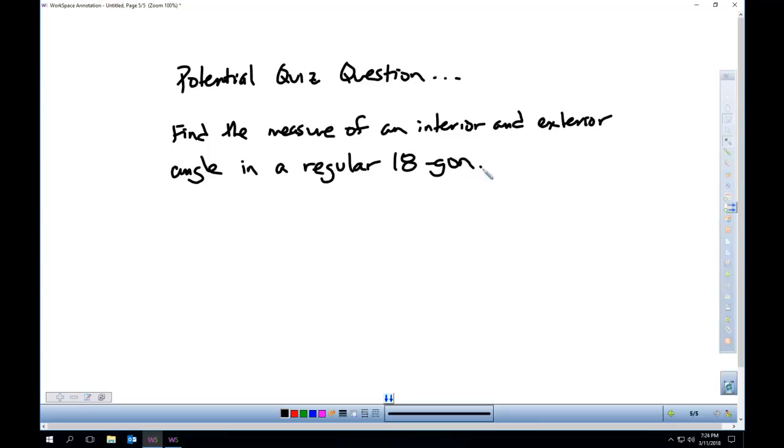How are you going to start? For me, I'm going to start with the exterior angle formula because I think it's way easier. I'm going to take the 360 degrees that any polygon's exterior angles have and divide it by the 18 equal exterior angles, and that gives me 20 degrees. That's one exterior angle.